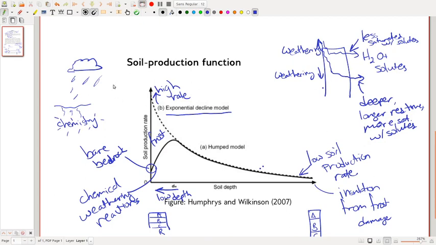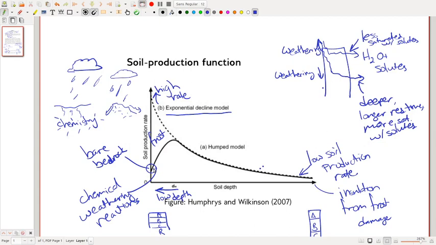But if they instead fall, and here I'm just going to draw another little cloud. There we go, a little poofy guy. If they instead fall on some sort of exposed rock at the surface, that water can just run off the sides, and it won't actually do very much to weather it at all, so there'll be no possibility for weathering to happen chemically.